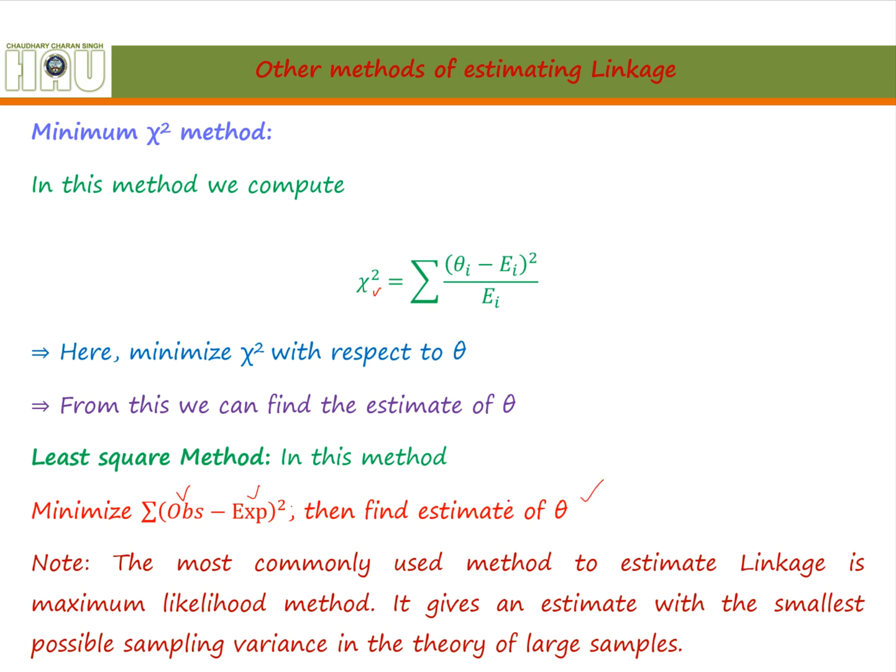But among all these five methods we have discussed, the most commonly used method to estimate linkage is MLE. It gives an estimate with the smallest possible sampling variance in the theory of large samples.